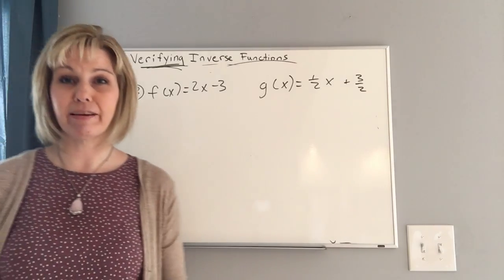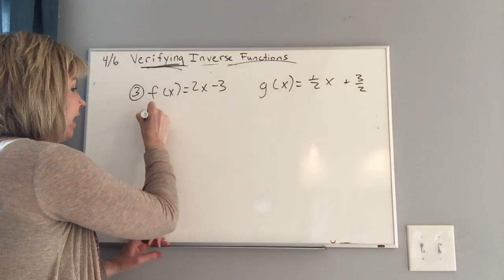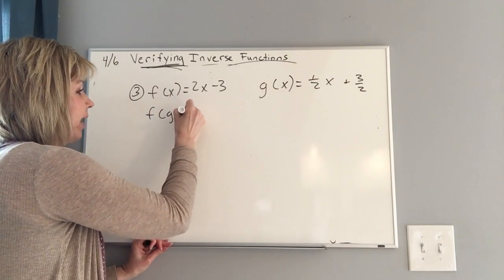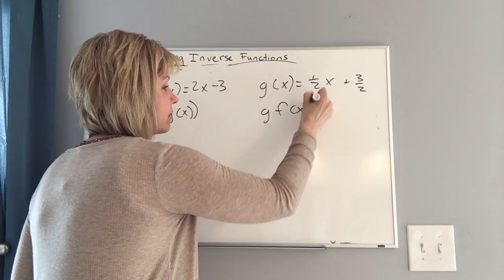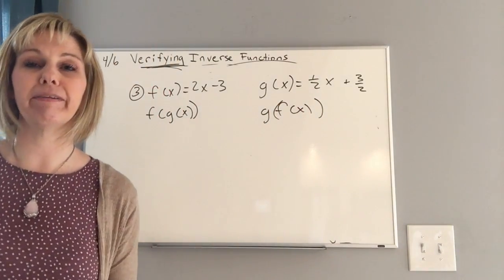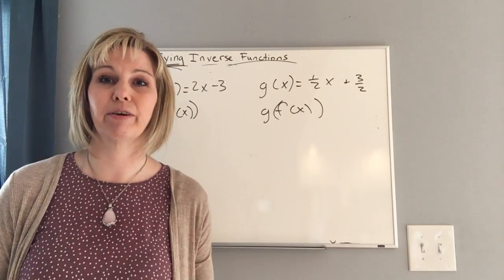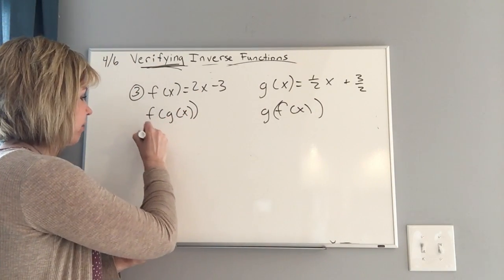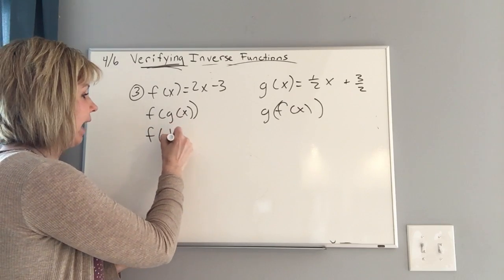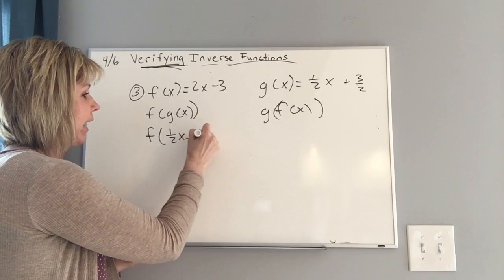So to check to see if they're inverses, remember we're finding f of g of x and g of f of x. If they both simplify to be x, we could say yes, they're inverses of each other. So let's put g of x. What's g of x? Let's start with that. It's 1/2 x plus 3/2.